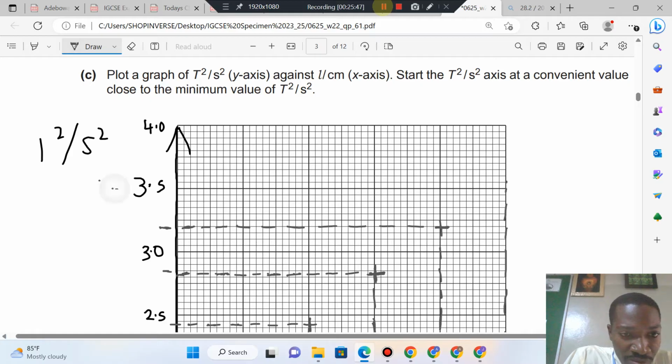So this 3.5, 3.55, 3.6, 3.65 will be here. Do not forget that each division is 0.05 units.